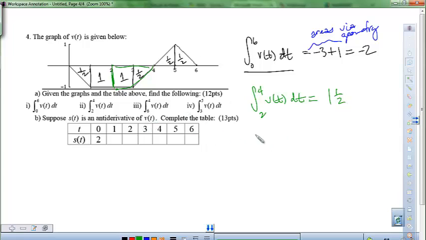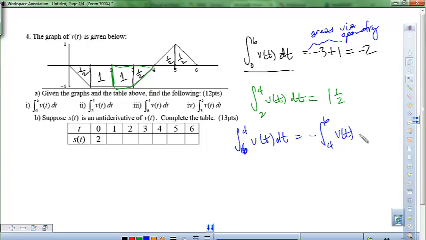The next one is the integral from 6 to 4 of v of t dt. Now this is a little tricky because the lower limit is larger than the upper limit, so we want to switch that around, and when we switch our limits around, we have to throw a negative sign in front.